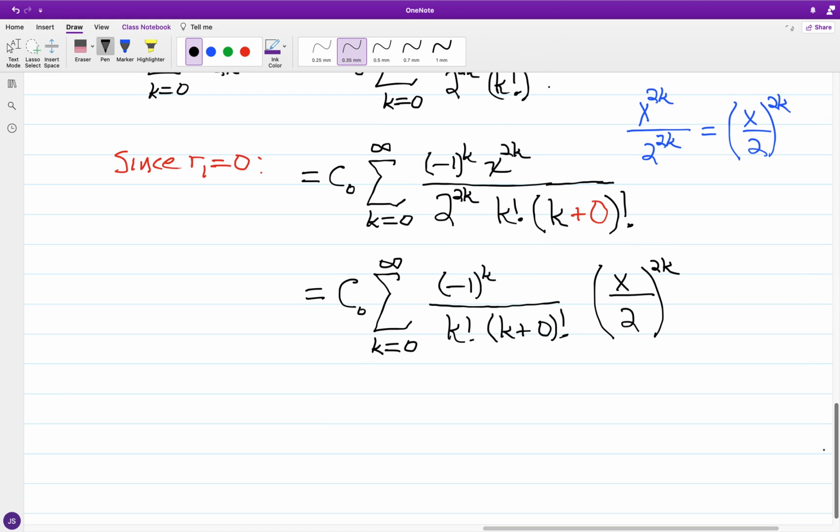We don't have to worry about the constant so much, but you have a constant times this particular summation, and this is going to reduce to our Bessel function, where your p is going to be 0.